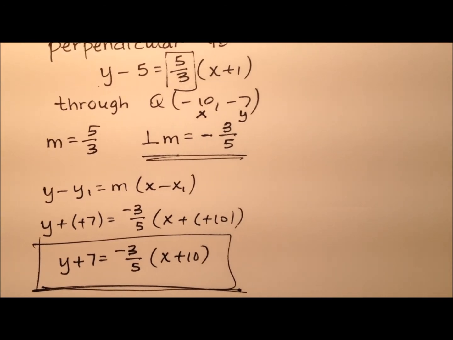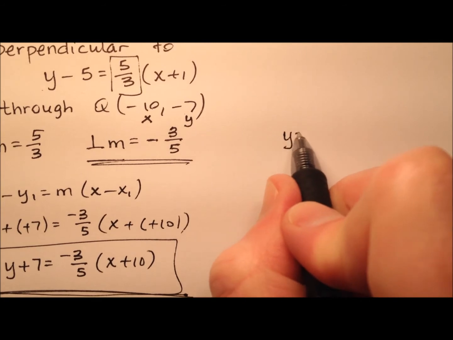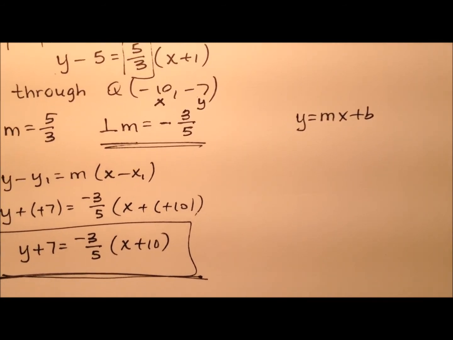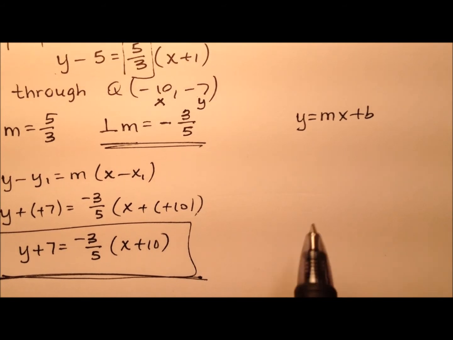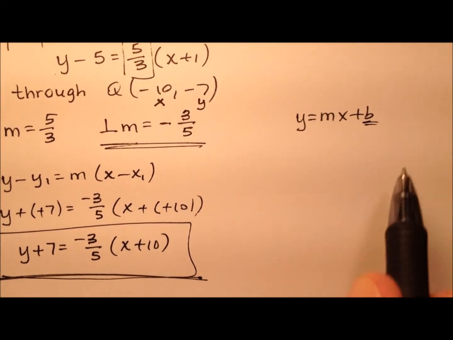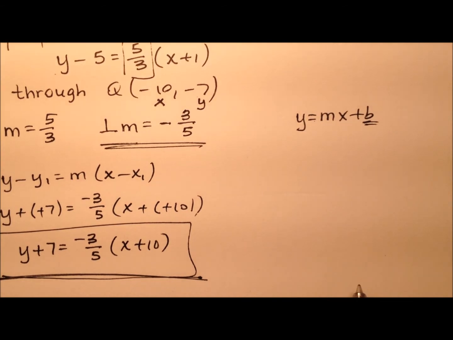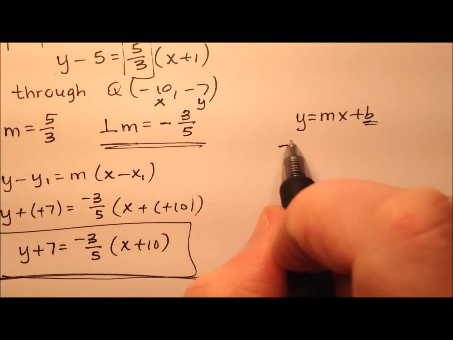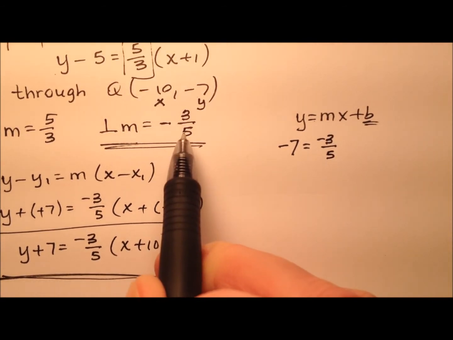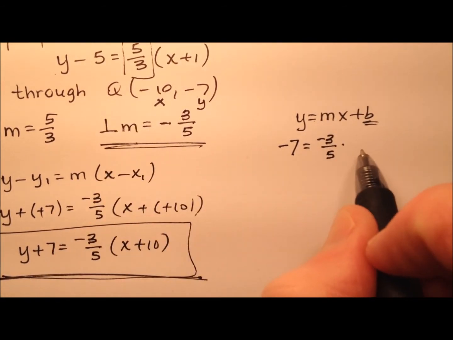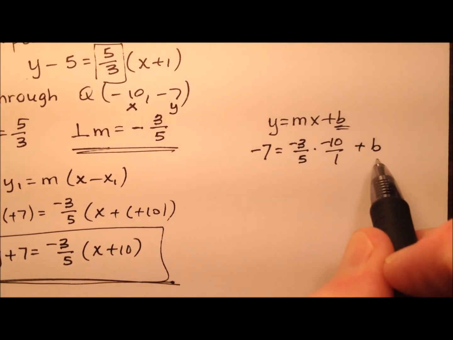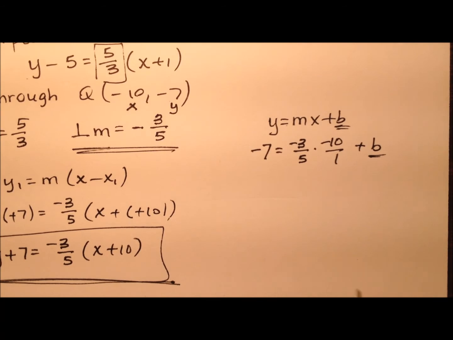Let's also do it in slope-intercept form. I do it both ways because I'm not sure which way you're comfortable with, so you can follow along with whichever one you like. So y equals mx plus b, and we need to solve for that y-intercept. Our y value was negative 7, our m was the perpendicular slope of negative 3/5, our x was negative 10, or negative 10/1, and plus b. That b is what we're solving for.